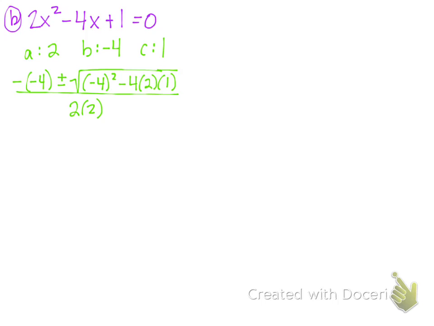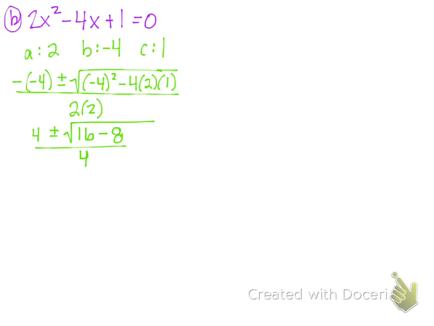So let's clean up under a radical, change our signs around for the 4, and do our multiplication at the bottom. So we have positive 4 plus or minus the square root of negative 4 squared is positive 16 minus 4 times 2 times 1 is 8 all over 4.